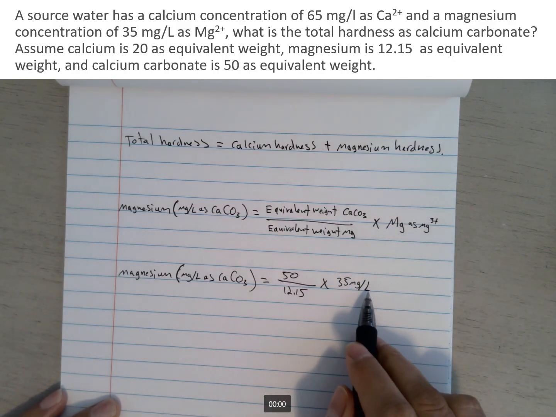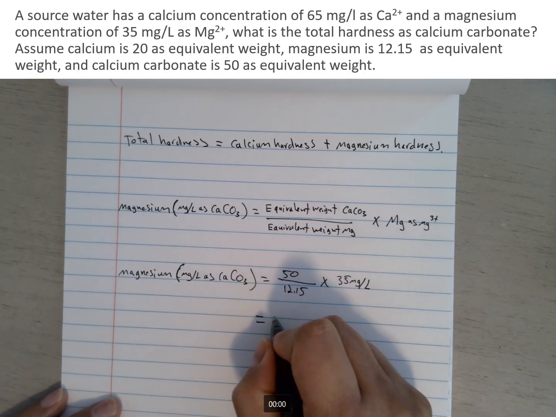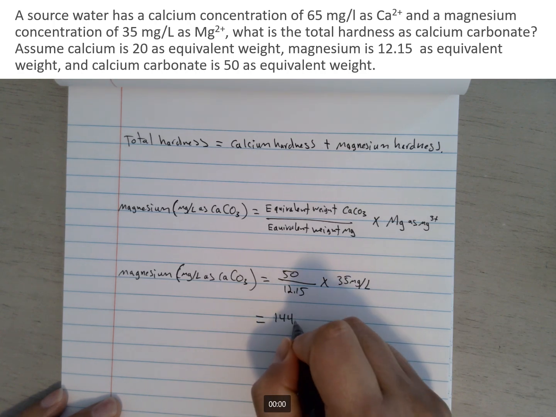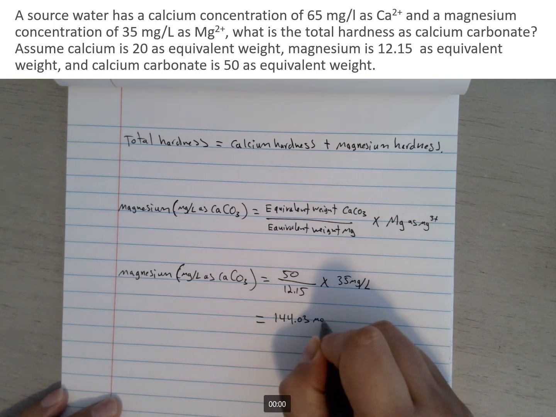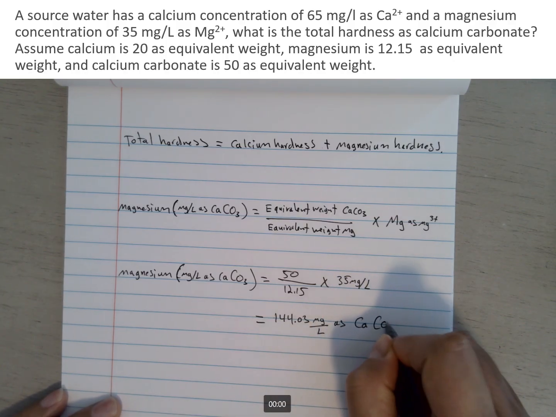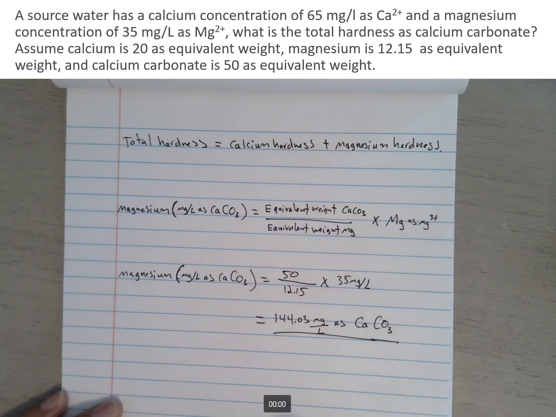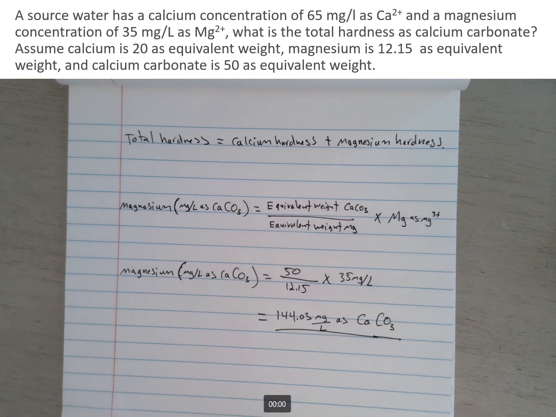The 35 milligrams per liter is in terms of the magnesium ion, to give us a total of 144.03 milligrams per liter as calcium carbonate. That's the units we want in order to add those up. So we found magnesium. Let's go through and do the calcium.